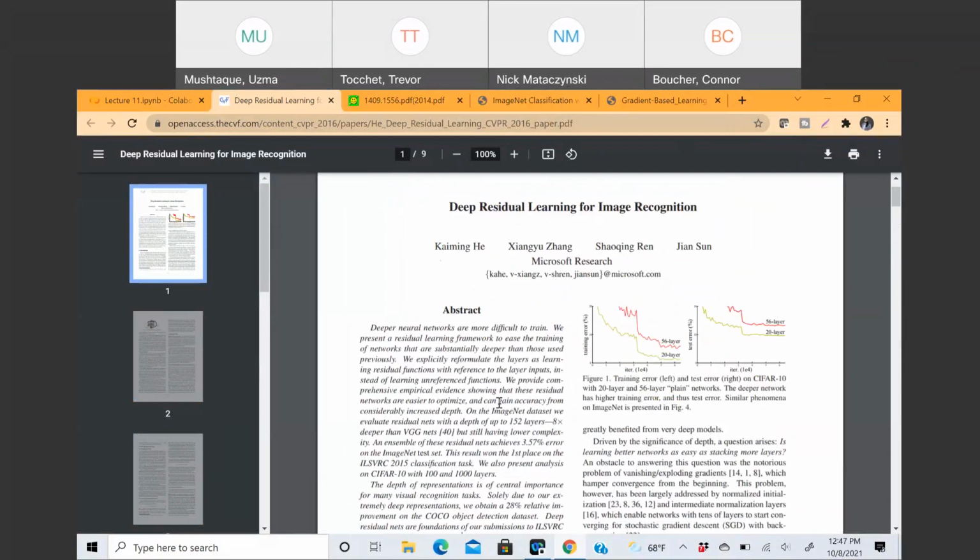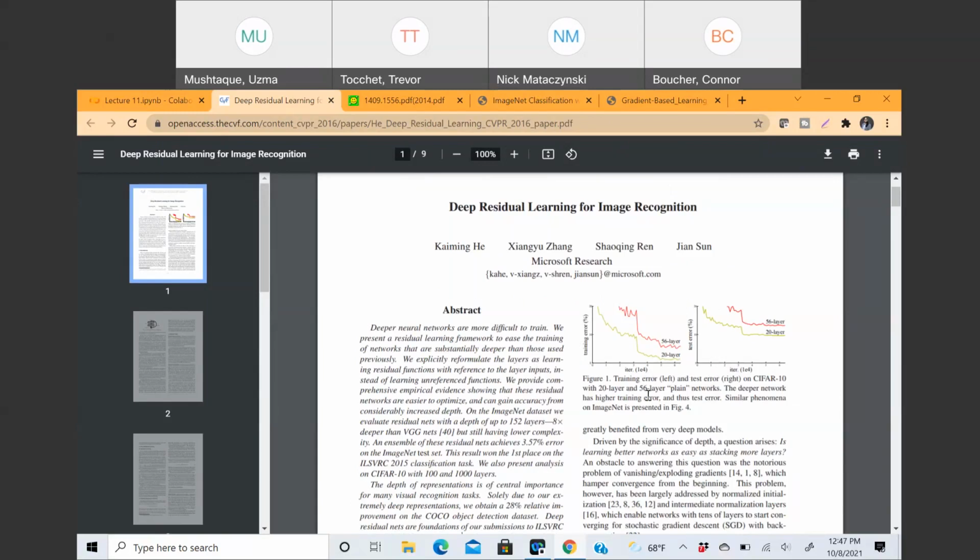Maybe I can give you a high level idea of what this does. Usually the training error goes down, but remember the test error sometimes dips and goes up usually. But for the ResNet, the test error also goes down for a long time until it begins to rise. So that's the fundamental difference between other models and ResNet.